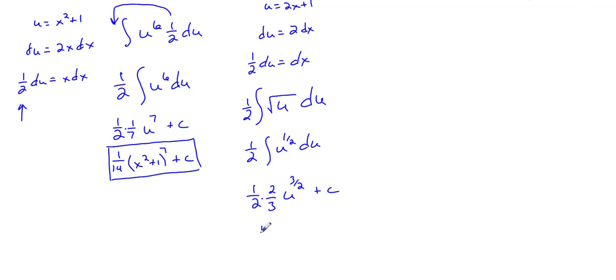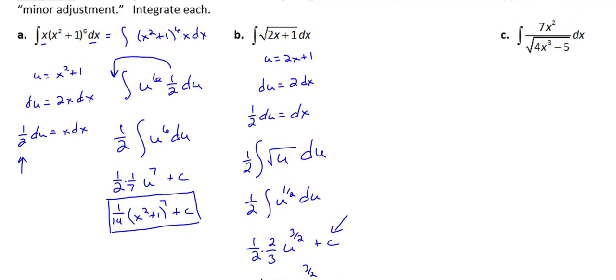No. 1/3. u is 2x plus 1, correct? 3/2 plus C. Now, I'm not going to lie, they might have this written as 1/3 u to 3/2 plus C as one of the answer choices, and they all might be in terms of u still. Every once in a while, they have problems like that. We just got to be able to adjust again.